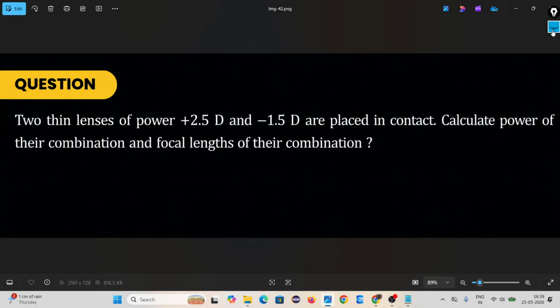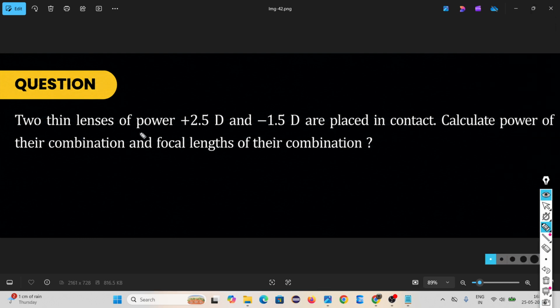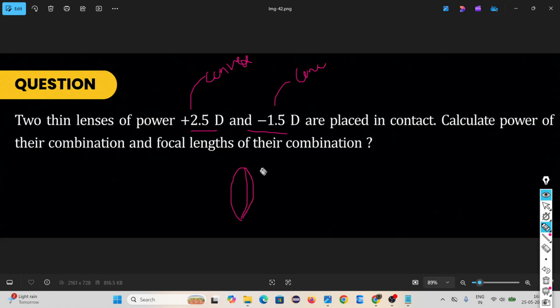Last question of this chapter. Two thin lenses of power, this and this, are placed in contact. Calculate the power of their combination and the focal length of their combination. What does it mean? It is convex, it is concave, two lenses attached to each other.